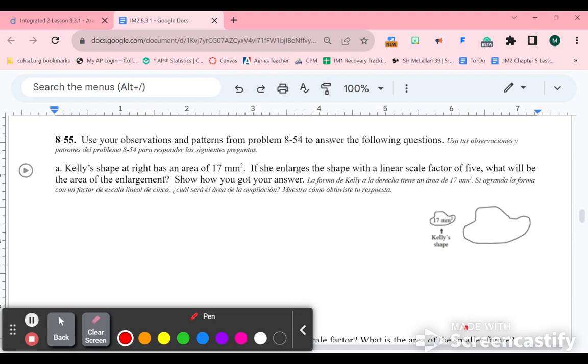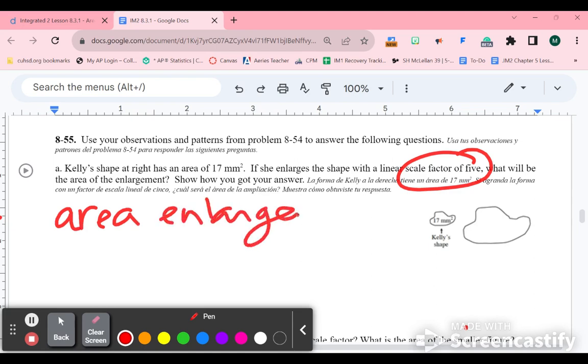Well, I noticed that the area scale factor is the linear scale factor squared. So if the linear scale factor is 5, then the area will enlarge by 25, because that's 5 squared. So I'm going to multiply 17 by 25.